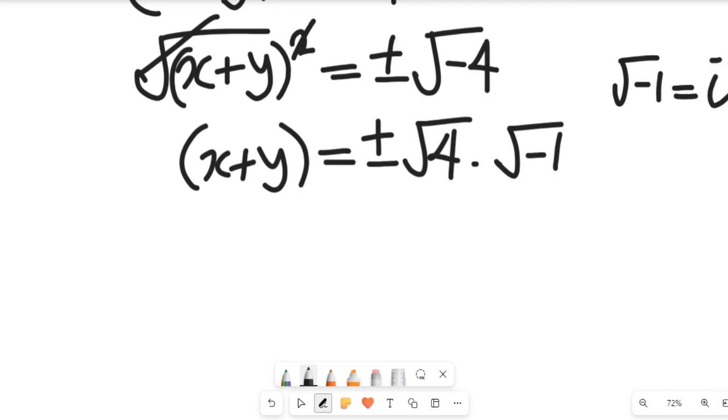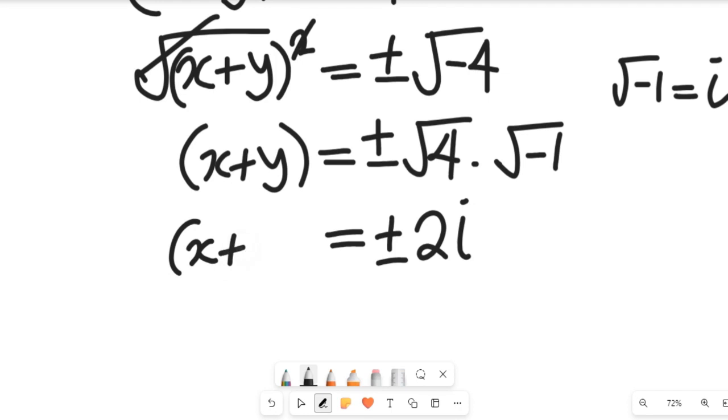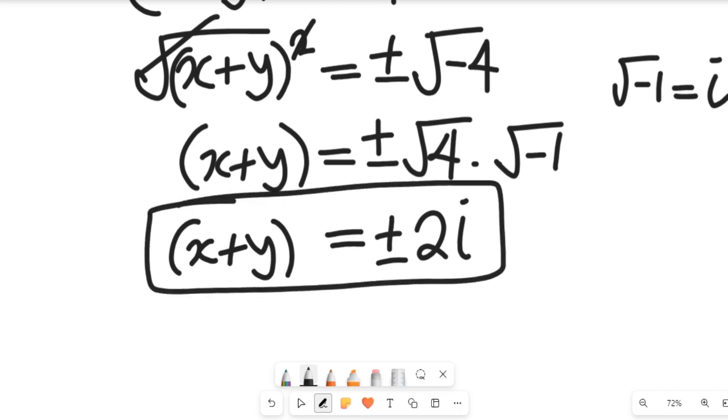So we are going to have that expression to now give us plus or minus square root of 4, which is 2i. So the value of our x plus y is equal to plus or minus 2i. That is the first two values of x plus y.